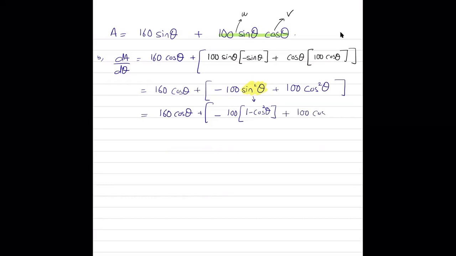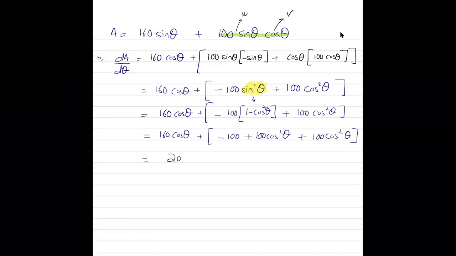Plus 100 cos square theta. So 160 cos theta plus, minus times minus is plus 100 cos square theta, plus 100 cos square theta.